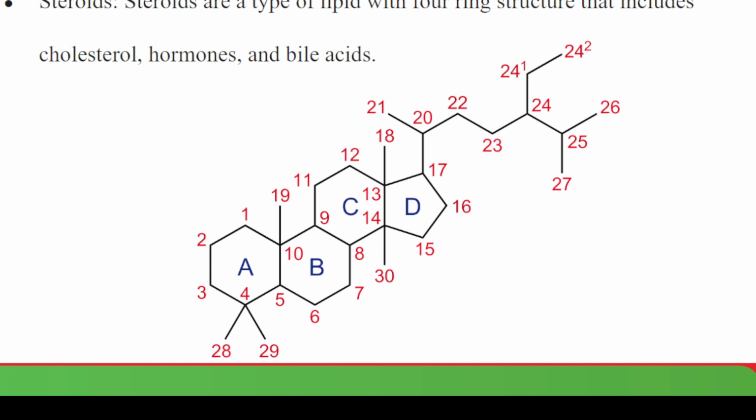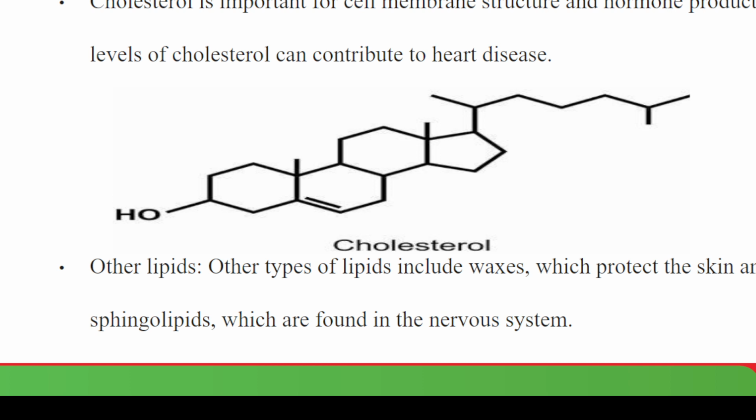You can see the 4 rings, A, B, C, D, and this structure here is actually the general structure of what a steroid looks like, with its carbons being labeled, all of them. So they are up to around 30 carbons in this single steroid molecule. Right here we have an example looking into cholesterol.